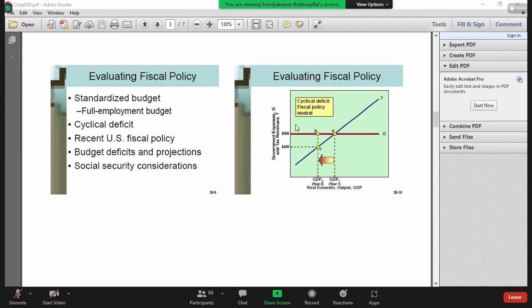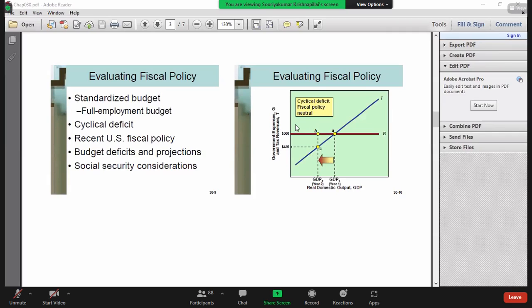So then zero deficit, no budget deficit. If government expenditure is more than the tax revenue, then budget deficit. If the tax revenue is more than the government expenditure, budget surplus.